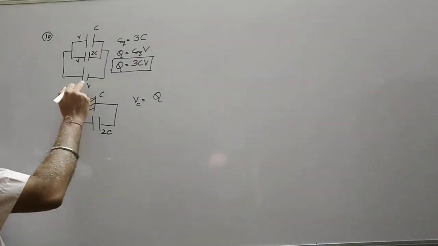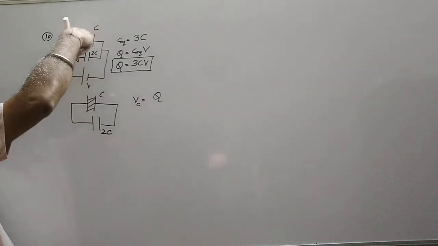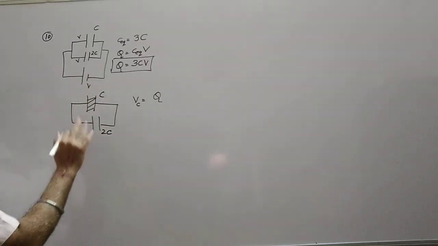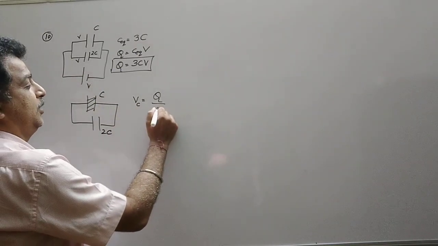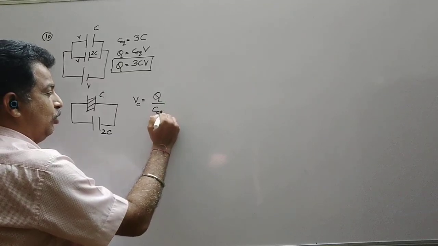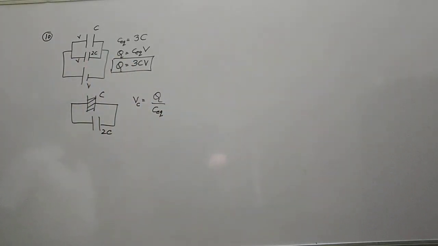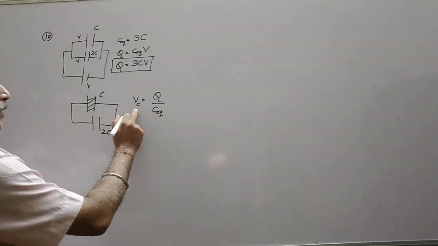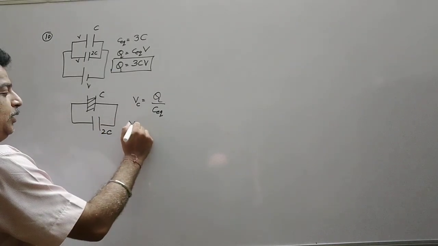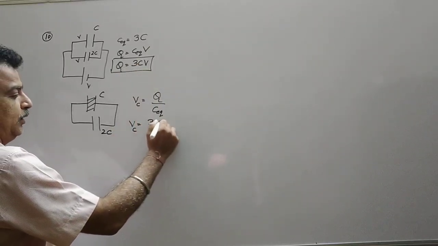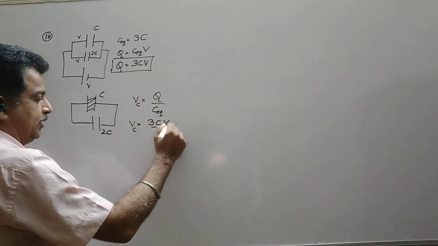Whatever total amount of charge is deposited on this, the charge remains constant because the source has been removed. So common potential Vc is equal to Q upon C equivalent. So I have to find out the common potential. This can be written as Q. This Q is already found, that is 3CV upon C equivalent.